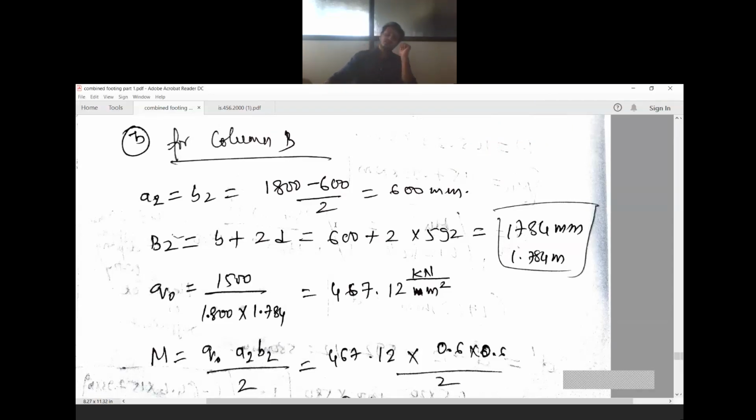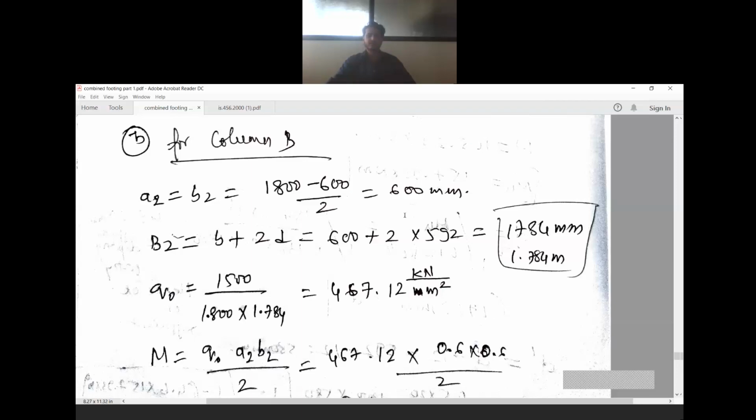Consider column B. For column B, we call the projection of column B as A2 and B2. A2 means above the column, B2 means below the column. So 1800 minus 600, which is the depth of the column, divided by 2.